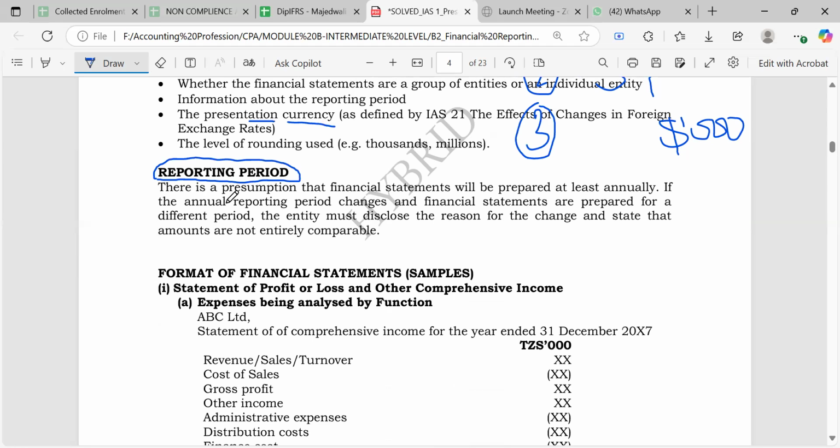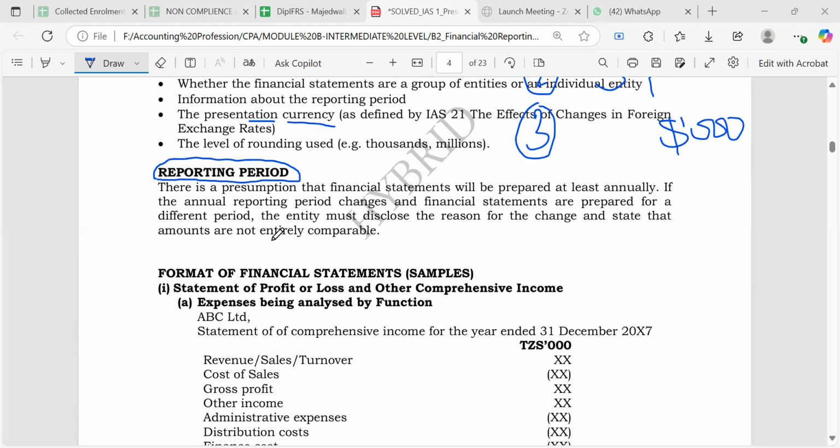There is a presumption that financial statements will be prepared at least annually. Of course, this is the common one. But if the annual reporting period changes and the financial statements are prepared for a different period, what do you do? It was January to December, but now maybe you prepared from March to February. What are you going to do in such a case?